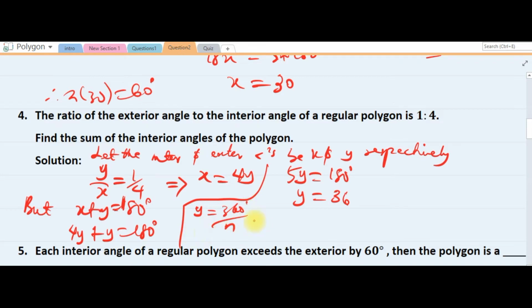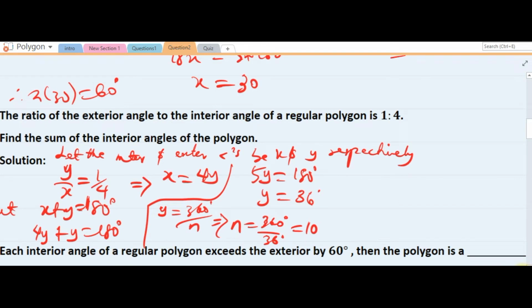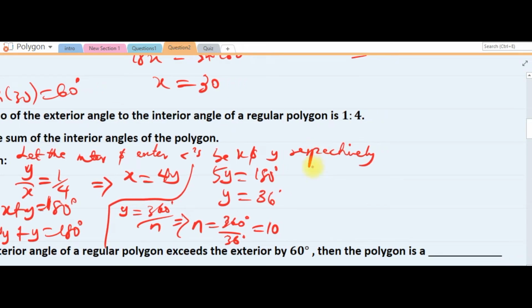Therefore, n is now 360 over y. Y is 36. So n is 360 over 36, so n is 10. But we're asked to find the sum of the interior angles. So the sum is always n minus 2 times 180.